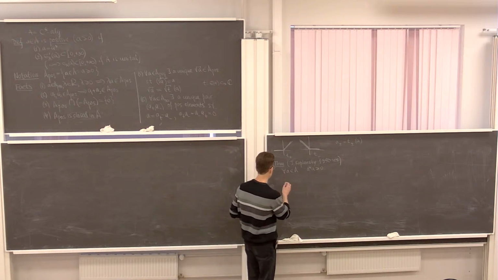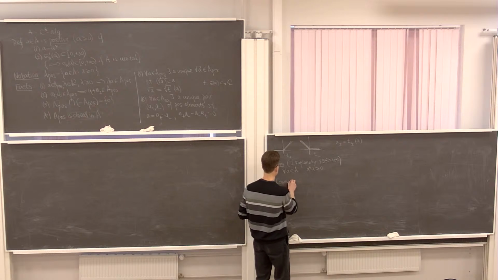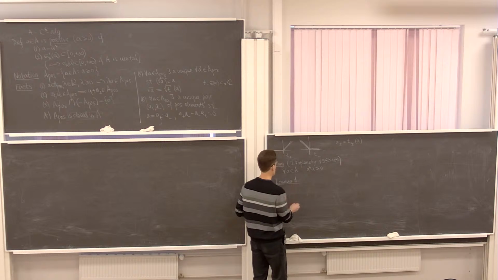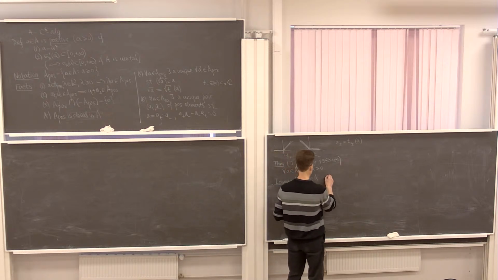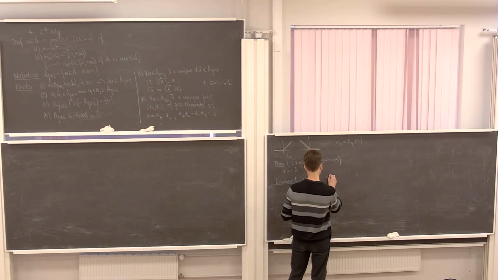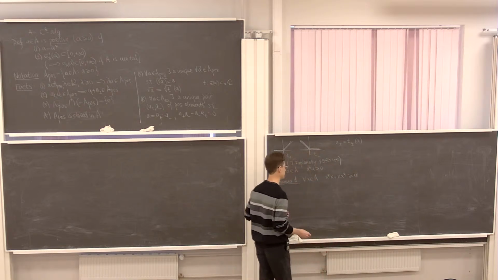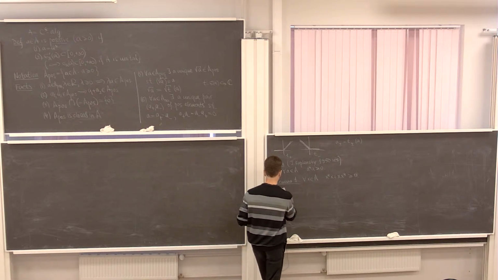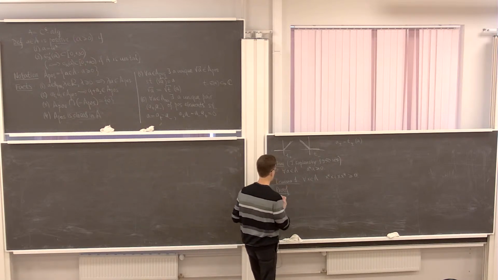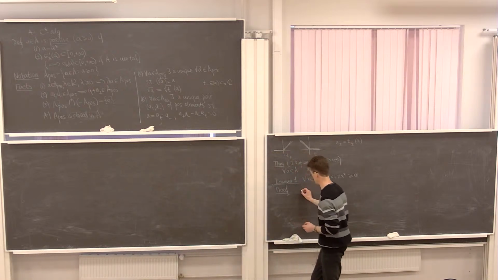The proof will be based on a couple of lemmas. Lemma 1. So I claim that for every element x in A, the element x star x plus x x star is positive. To prove this result, we decompose x into the real and imaginary part.